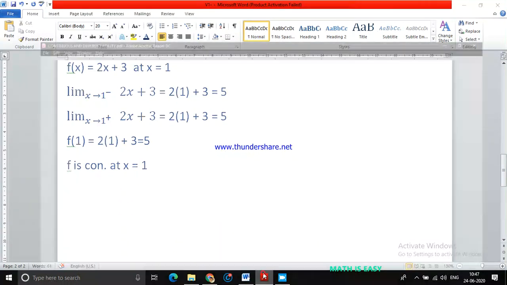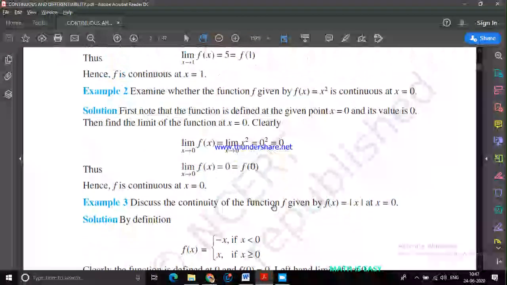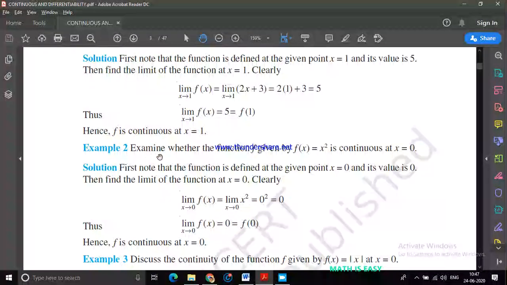Okay, let me go to the next example. Examine whether the function f given by f of x equals x square is continuous at x equals 0. The domain will be the entire real number system. Even if x is less than 0 or if x is greater than 0, my function is going to be x square only, right?